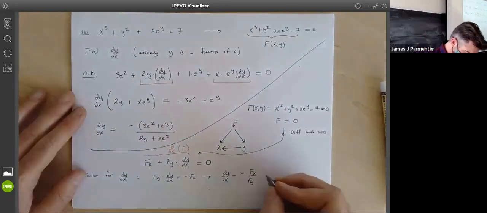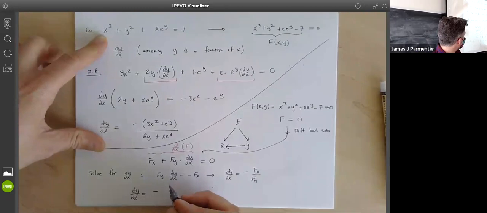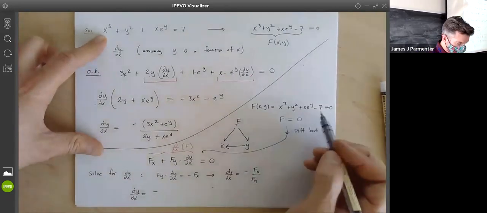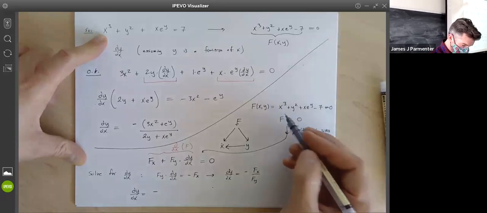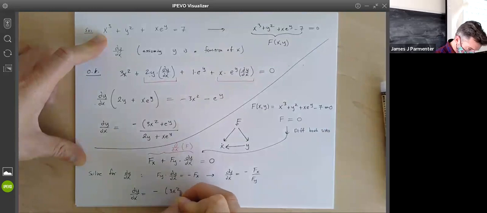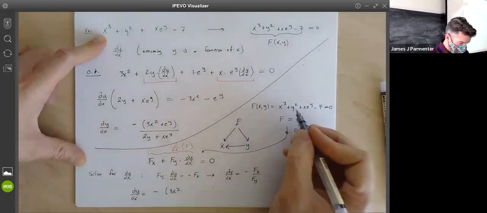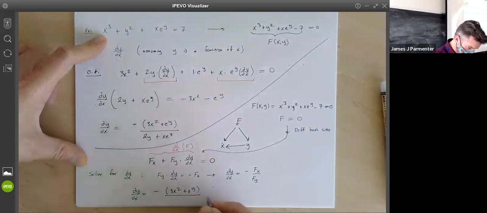Now let's actually do it. In this particular problem, dy/dx equals negative... looking at my original function, what's f_x? Well, it's the partial derivative with respect to x. The derivative of x cubed is 3x squared. The derivative of y squared is 0. The derivative of x e to the y is just e to the y. Divided by f_y.